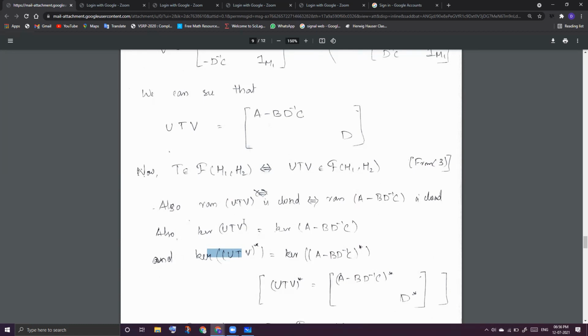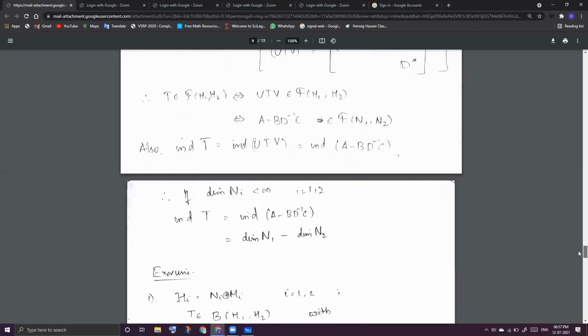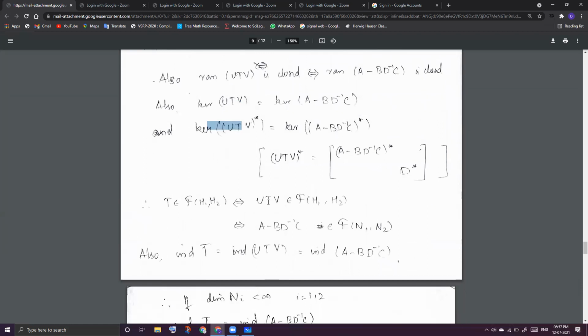So UTV being Fredholm is equivalent to saying that A minus BD inverse C is Fredholm. And we had shown that T being Fredholm is equivalent to saying that UTV is Fredholm. So both these conditions will imply that T being Fredholm is equivalent to A minus BD inverse C being Fredholm, because T being Fredholm means that UTV is Fredholm, which means that A minus BD inverse C is Fredholm.